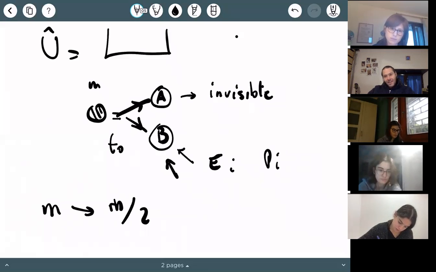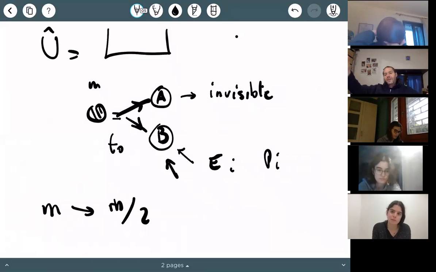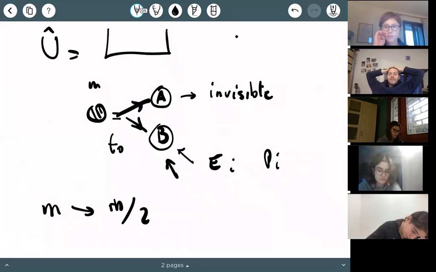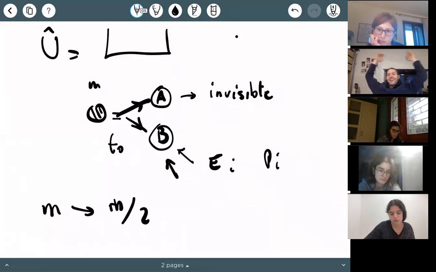Okay? Now, physically, you can realize this by imagining that a particle is decaying in two and one of them is invisible. That's the physical setup you have in mind. But from a mathematical point of view, you can say, at time t0, I'm changing the particle and getting half of the mass of the particle. What are the possible outcomes of my measurement, and what are the corresponding probabilities?